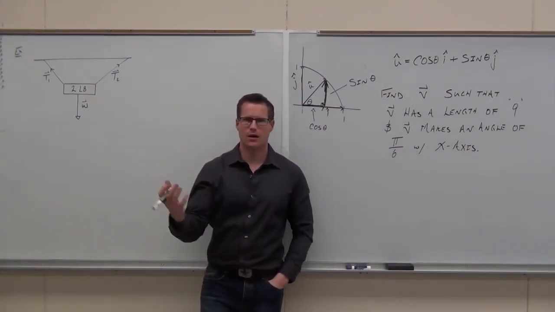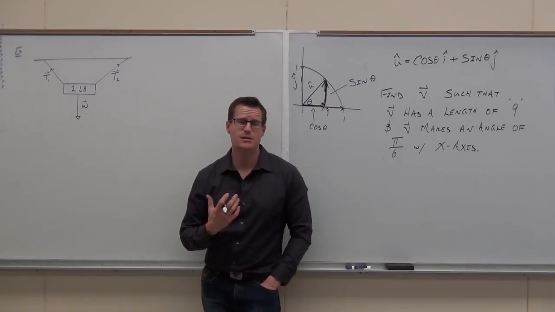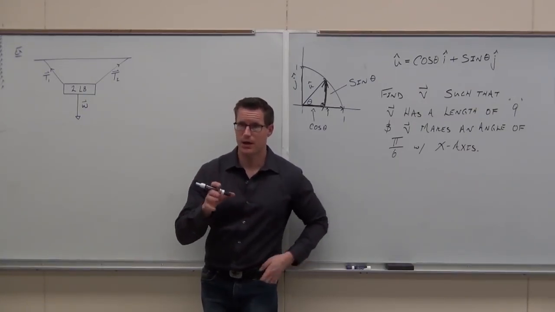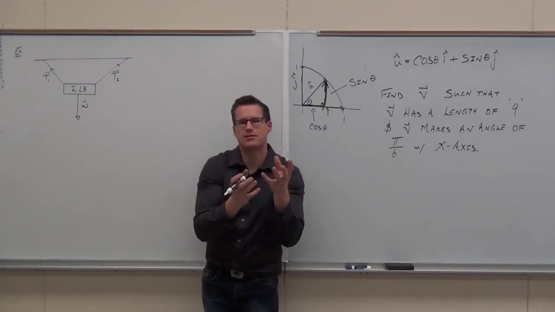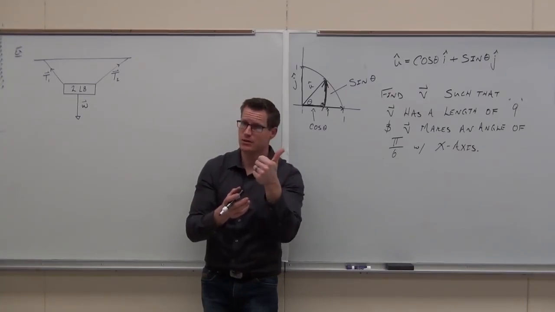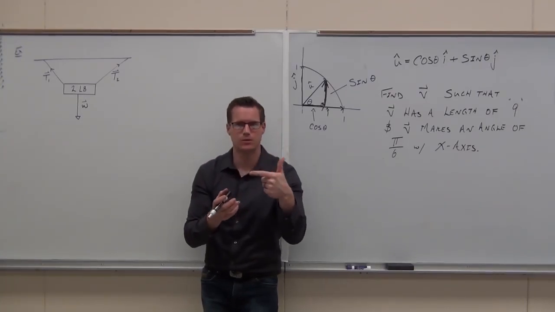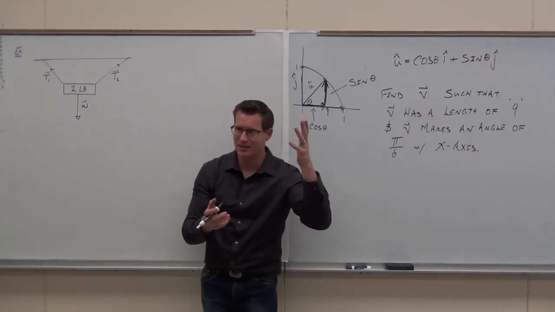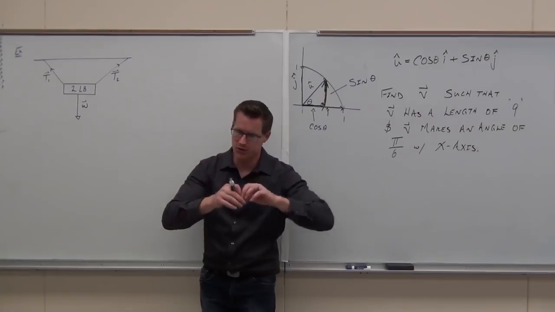If you have not caught on to this yet, in order to find a specific vector, like starting from scratch, to invent one, you need a couple things. You need a direction and you need a magnitude. That is literally what defines a vector, direction and magnitude. Where you're headed and the length upon which you're heading.